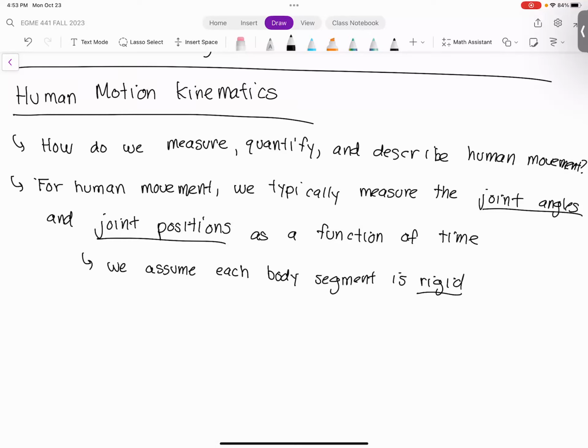Which for the most part is true, and so there is a little bit of compliance, especially for the body segments that don't have nearly as many bones, but relative to the amount of motion that you can produce for your joints, it's a pretty reasonable assumption to say that each body segment is rigid. Okay, and so what we're concerned with then is the relative movement or the relative position of each body segment relative to its neighbors.